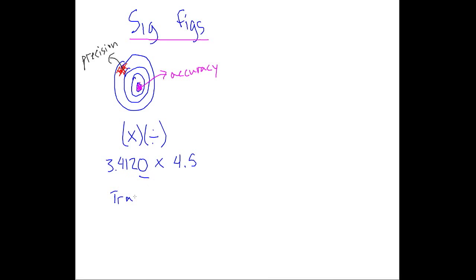Trailing zeros after the decimal count. So those zeros are significant. So this number right here has 1, 2, 3, 4, 5 sig figs. This number has 1, 2.